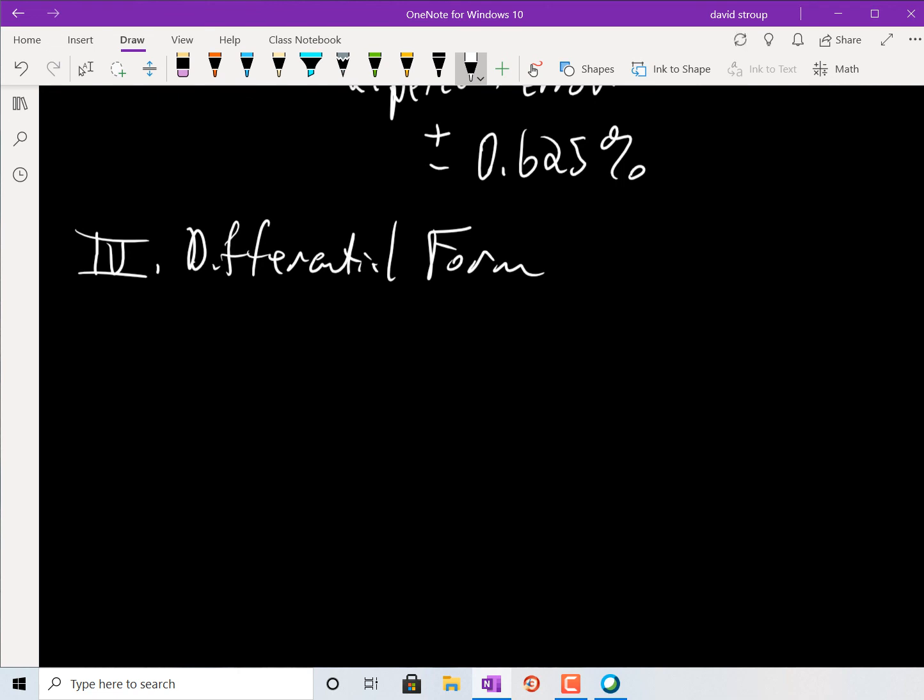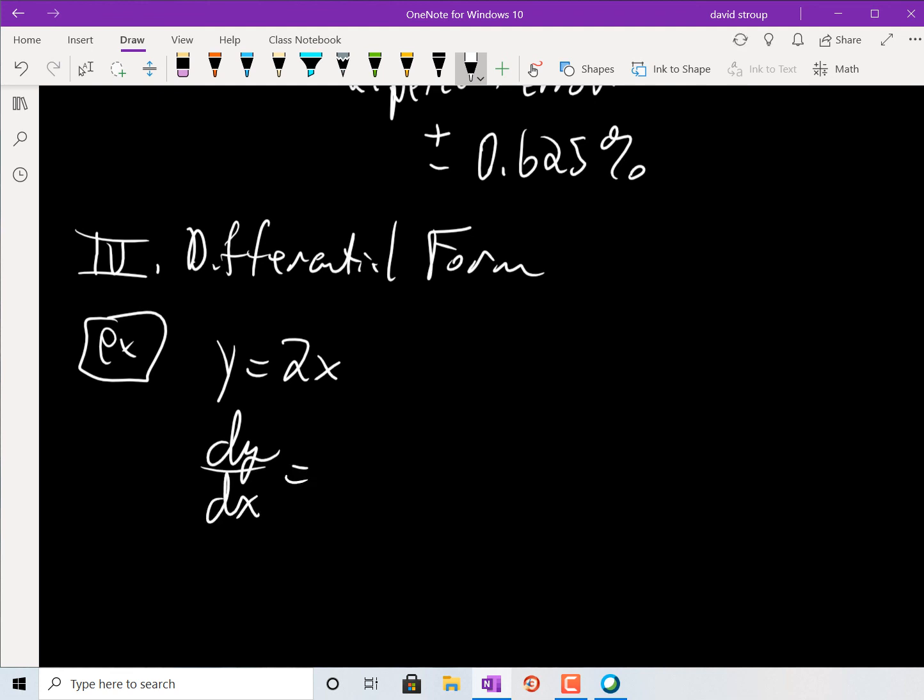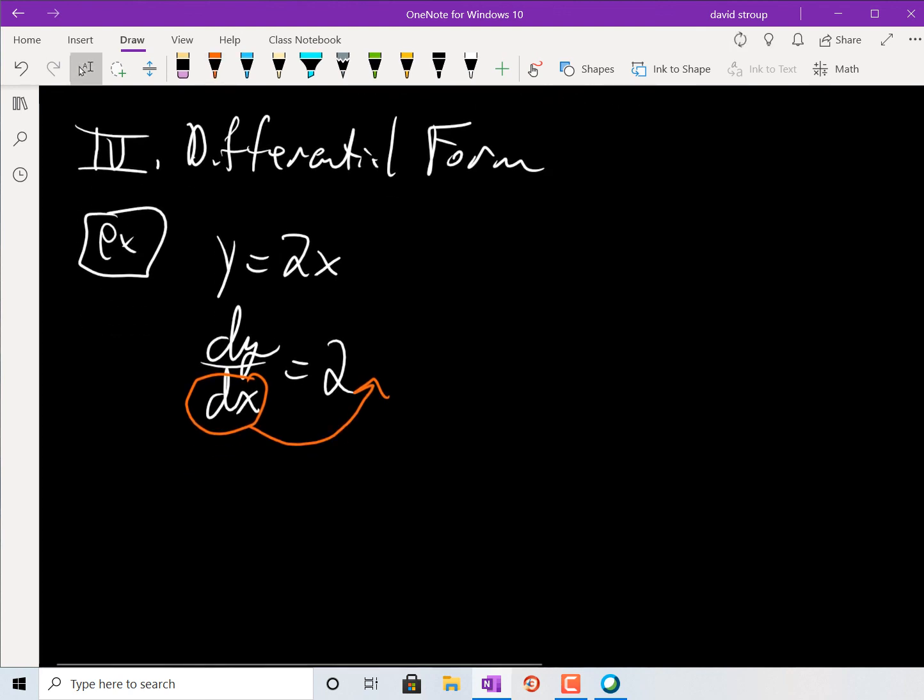It's quite easy. Basically, from before, if you had y equals 2x, you knew the derivative with respect to x of y would be 2. The differential form just takes the dx from the denominator and moves it to the other side. So you can imagine it as multiplying both sides by dx.